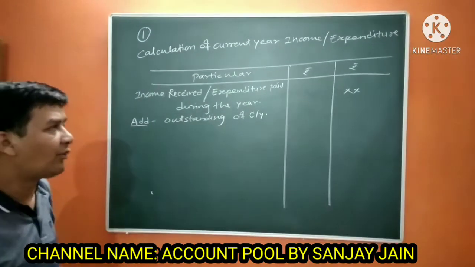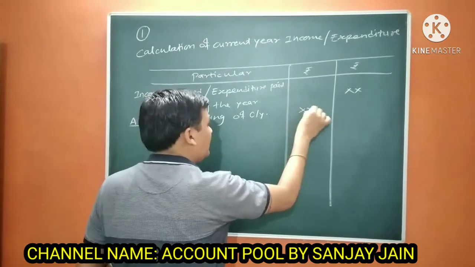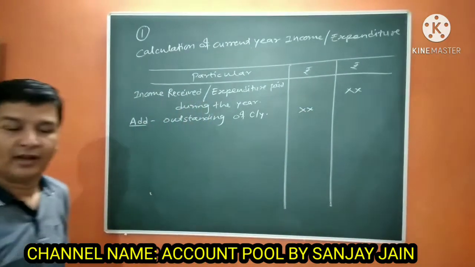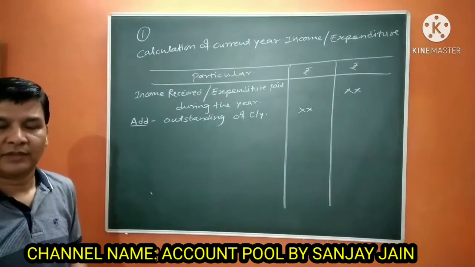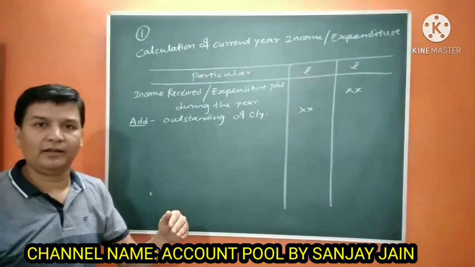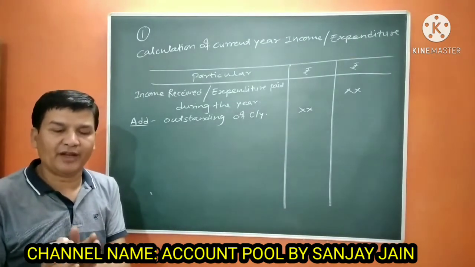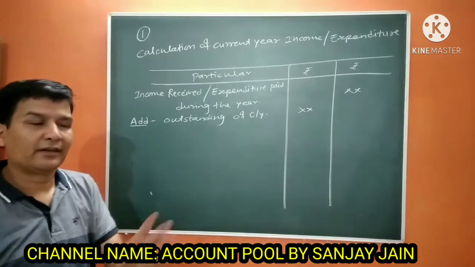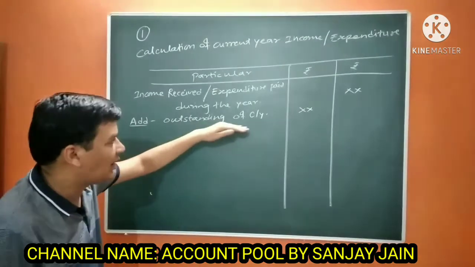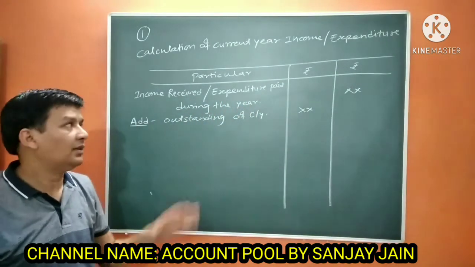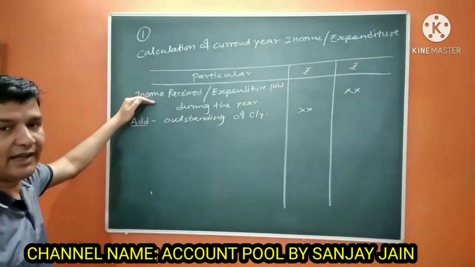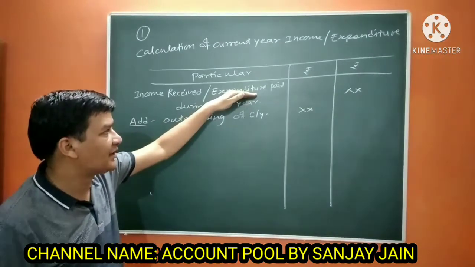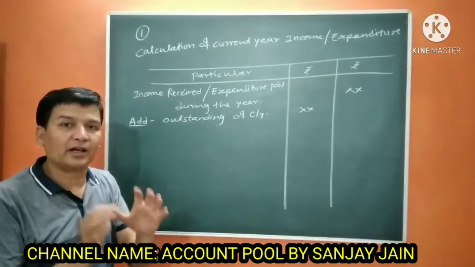Of current year, we are going to add here. As we have done in 11 final account, outstanding we have added in trading and profit and loss account debit side, or accrued income we have added in the profit and loss account credit side. We are going to add the outstanding of current year, whether it is outstanding income, that is accrued income, or outstanding expenses we are going to add of current year.